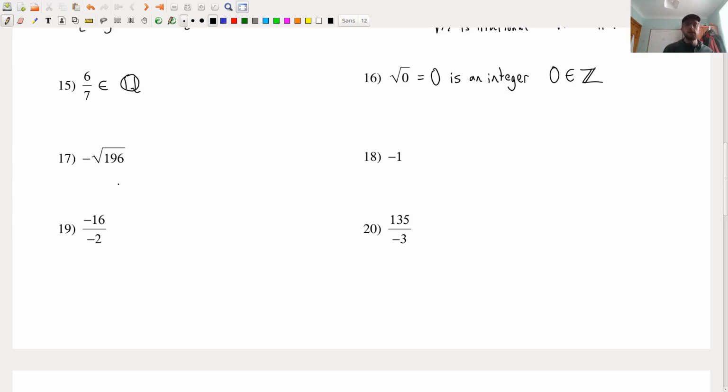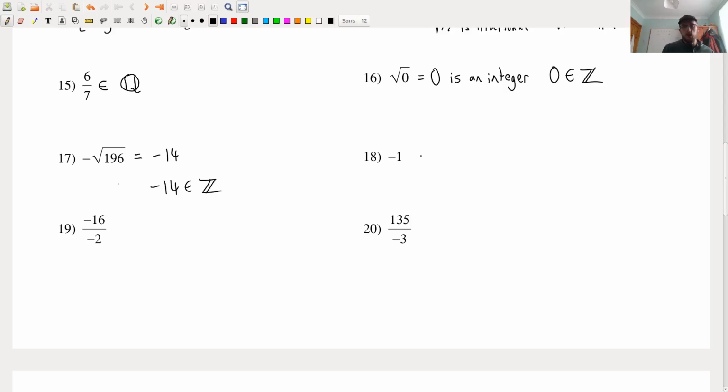And by doing that, you gain an advantage if you have to factorize 3-digit numbers. But to stay on task, what's root 196? Well, the answer is 14. And so we get negative 14, and negative 14 is an integer.